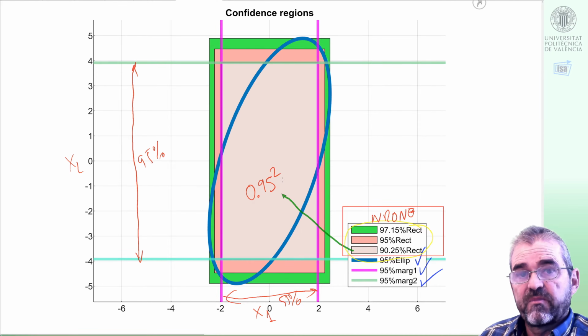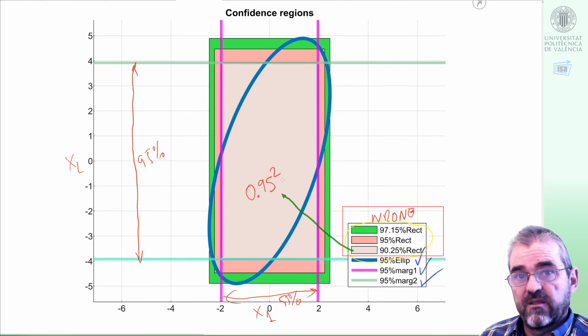We say that if the probability that x1 is in the pink stripe is 0.95, and likewise for x2 in the greenish cyan stripe, then the probability of x1 in the vertical stripe and x2 in the horizontal stripe, so the probability of the light pink rectangle, would be the product of the probabilities.